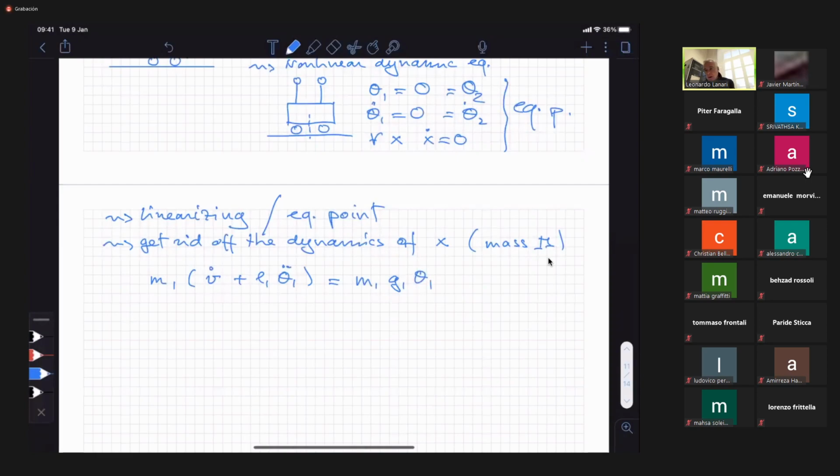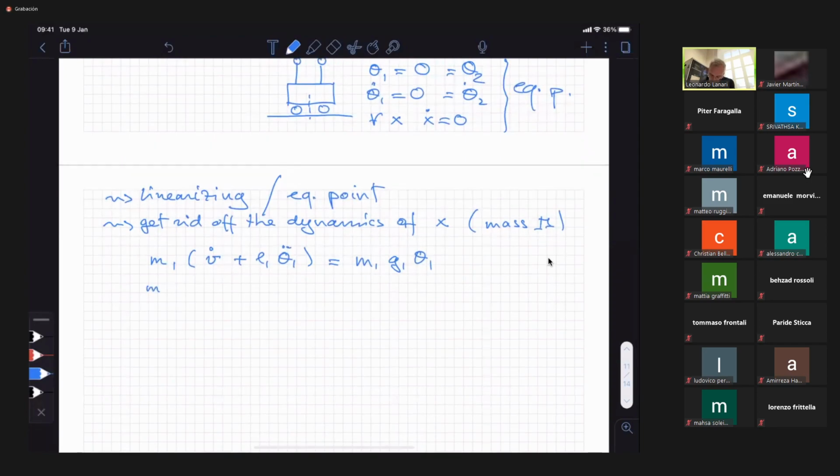You see here the linearization of sin theta, which becomes theta 1. We would have M2 V dot plus L2 theta 2 double dot equal M2 G theta 2, where V dot is the velocity of the cart, as if this was a new input.